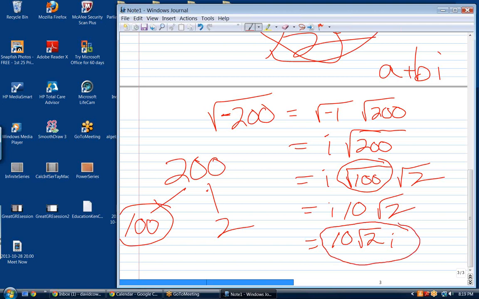It's really easy to have that i slip under the radical sign, and that's a whole different meaning. So you might even want to be reluctant to put the i after the radical. You might want to put it up front, like 10i square root of 2. Little less likelihood of somebody misreading it.